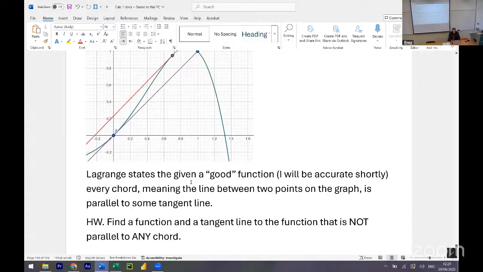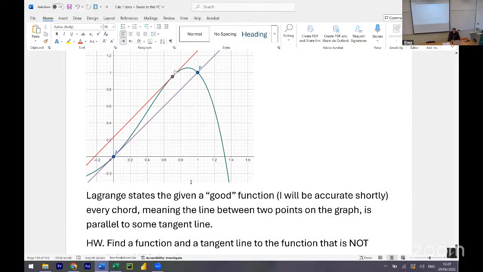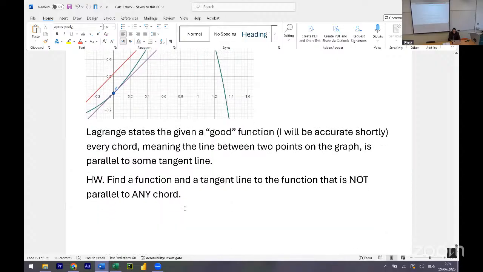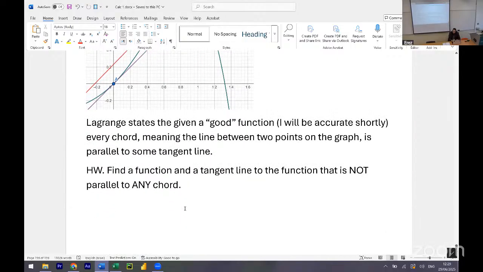Okay, so far. So now I'll actually state the theorem. Lagrange theorem.